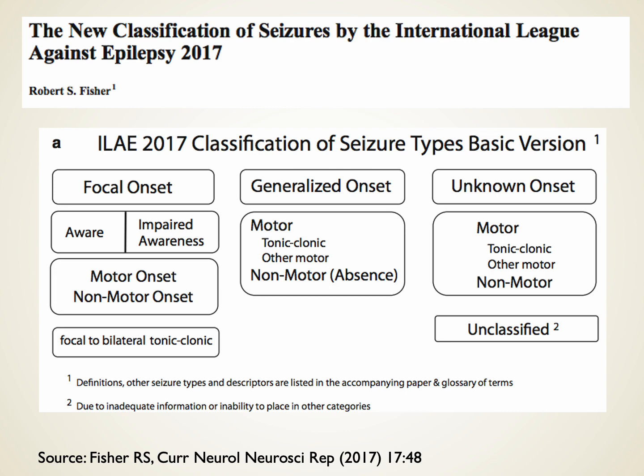For generalized onset seizures, we define them as having a generalized onset and virtually always an impairment of awareness. Patient is not really aware of the seizure happening. And those may involve either motor activity or non-motor activity. The older term for non-motor activity was absence seizures.